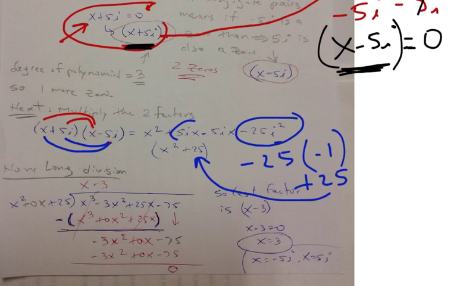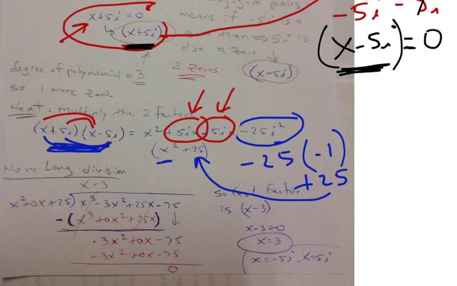The two middle values, they cancel out. So I have x squared plus 25. That will be the answer of multiplying these two factors. Okay, always the middle terms, these two, they will cancel out.